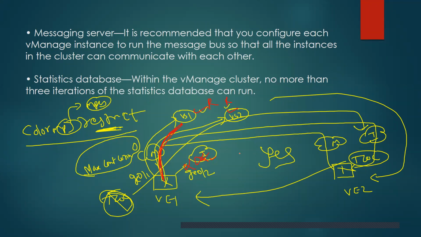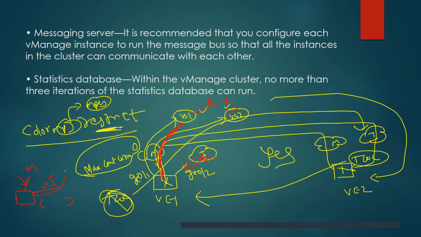Because we have OMP routes, and that is how you send the T-loc information. And what is a T-loc? A T-loc is nothing but this interface. Suppose this is MPLS and this is internet. It is just system IP, color and encapsulation.